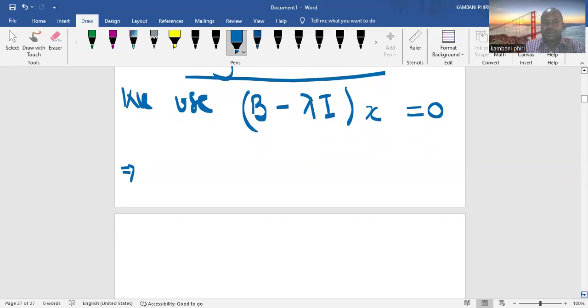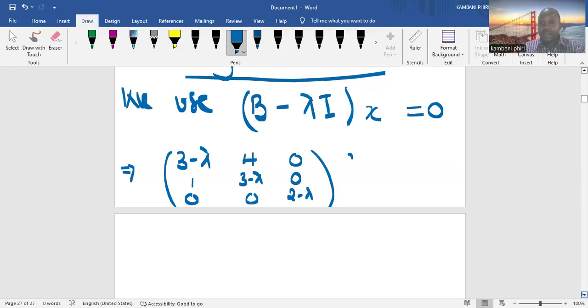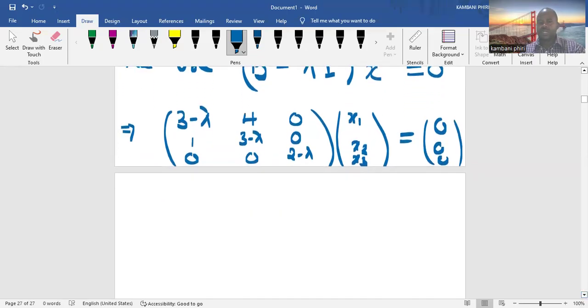Our B minus lambda was 3 minus lambda, 1, 0, 4, 3 minus lambda, 0, 0, 0, 2 minus lambda. This times x1, x2, x3, because we have a 3 by 3, will be equal to 0, 0, 0. This is what we're going to be using to get our eigenvectors.